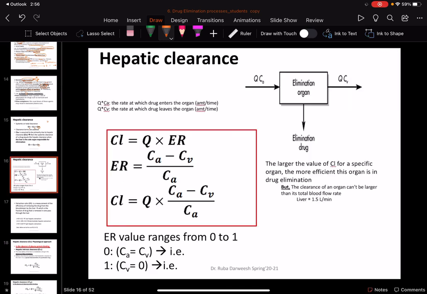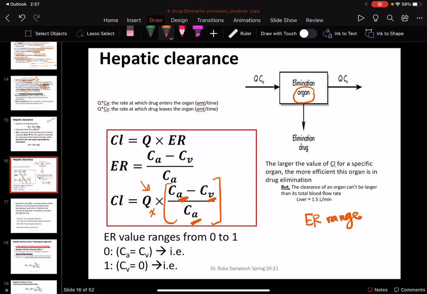Okay, we have the physiological definition of clearance, in which if we are talking about a certain eliminating organ, we can determine the clearance as the flow to that organ multiplied by the extraction ratio of that organ. We can determine the extraction ratio as the concentration entering minus the concentration leaving, over the total concentration entering.